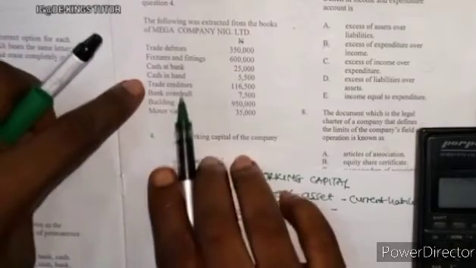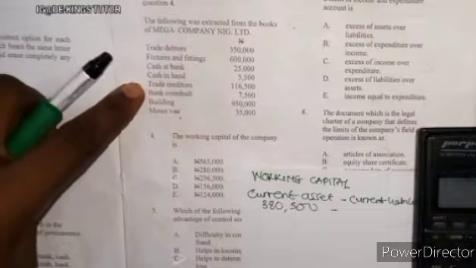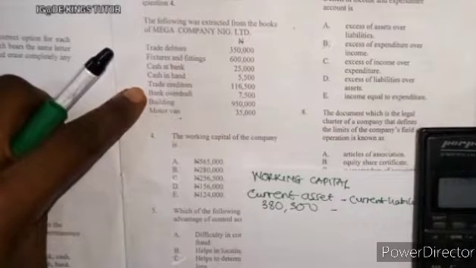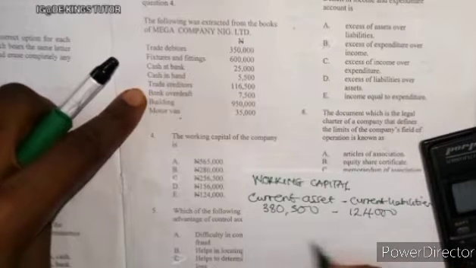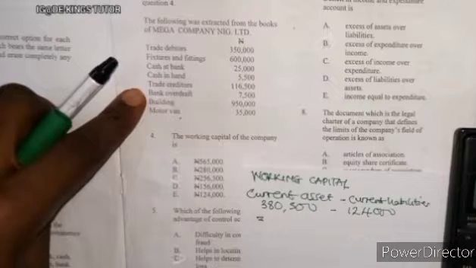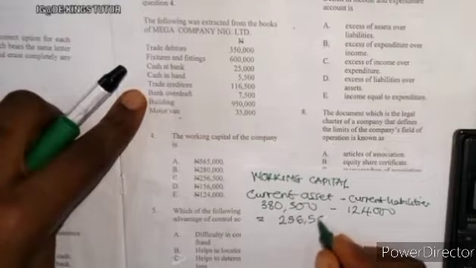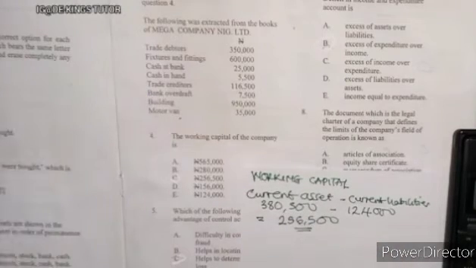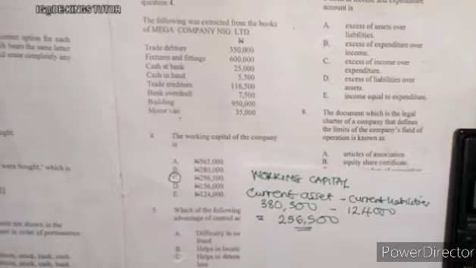The current liabilities are the trade creditors, 116,500, plus the bank overdraft 75, that's 124,000. So it is now 380,500 minus 124,000, which gives us 256,500. Now we check if there is 256,500 here. Yes, it's C. So we tick that.